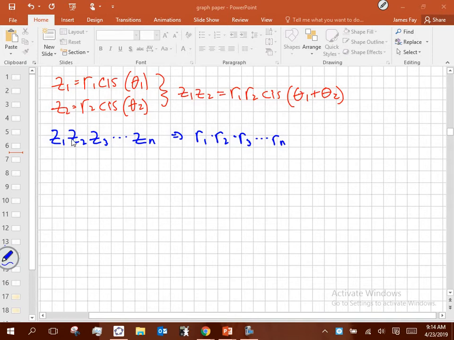Does that make sense? And then you'll have cis, and you'll go theta 1 plus theta 2 plus theta 3 plus all the thetas that exist inside that number of factors that you have. So if I have 10 factors, z1, z2, z3, z4 and so on, then I have 10 thetas that I'm adding together, right? I have 10 radii that I'm multiplying together, okay? And that kind of situation is where polar form becomes an efficient procedure, okay?